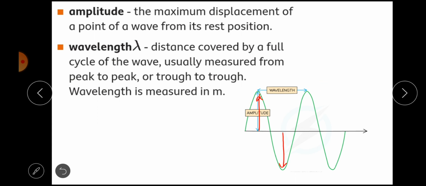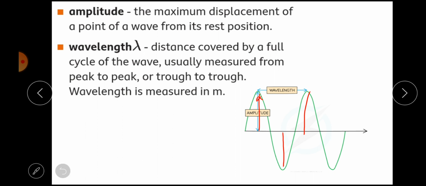So this one is an amplitude, and this one is another amplitude. Those show different amplitudes.